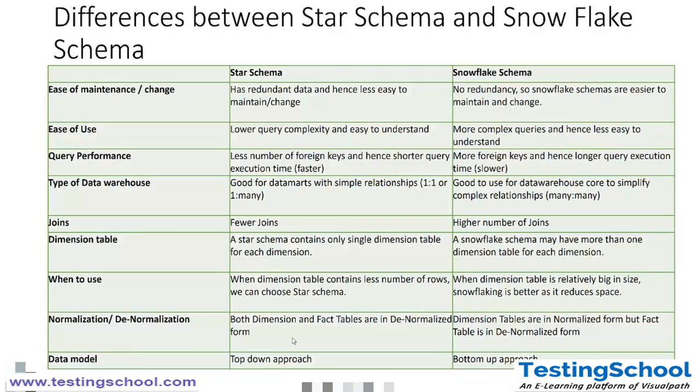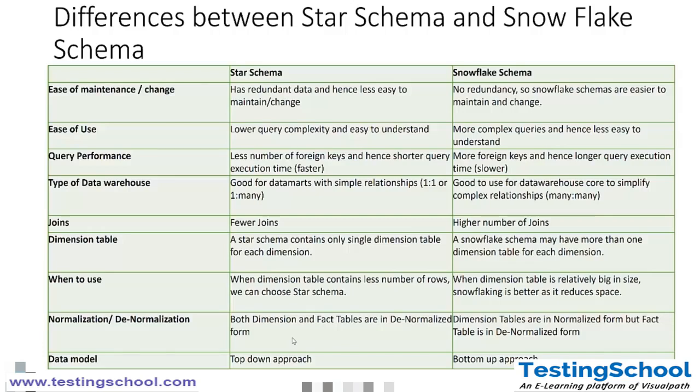Now, in any practical situation, you always go with a snowflake schema because all the businesses nowadays are so complex in nature, or the moment somebody thinks of a data warehouse, they want everything to be there in the data warehouse, isn't it? Right, so you might end up creating 5 to 6 different fact tables related to your business and all the related dimensions which will support those fact tables.